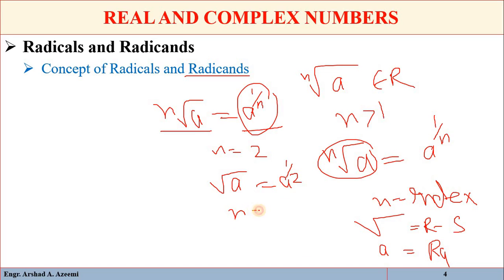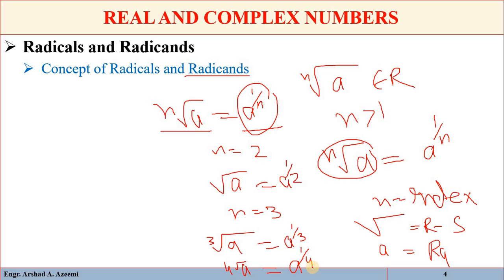If n is equal to 3, then we will have the cube root of a, and it will be equal to a to the power 1 by 3. Similarly if n is 4, then the radical form will be the fourth root, and the exponential form will be a to the power 1 by 4.